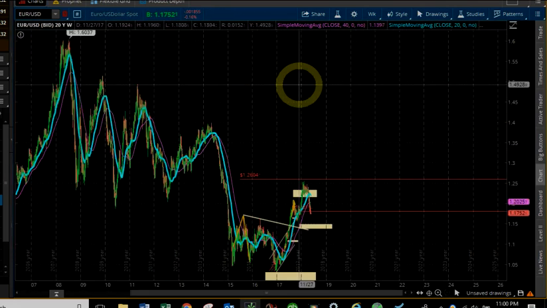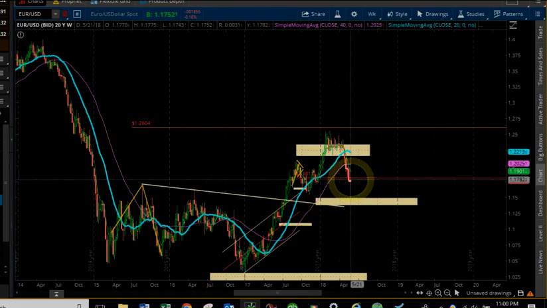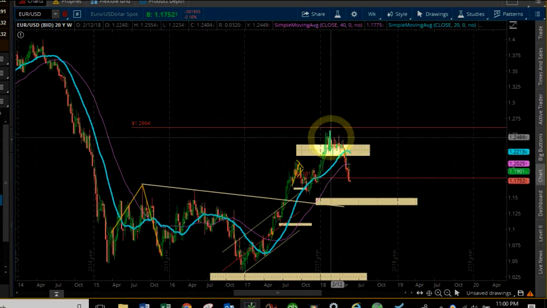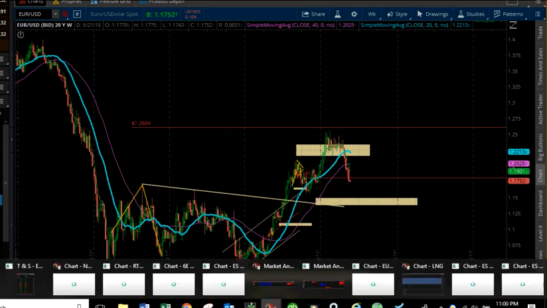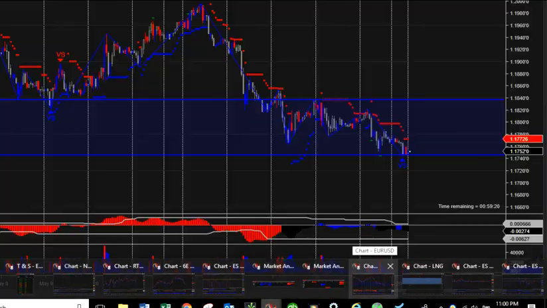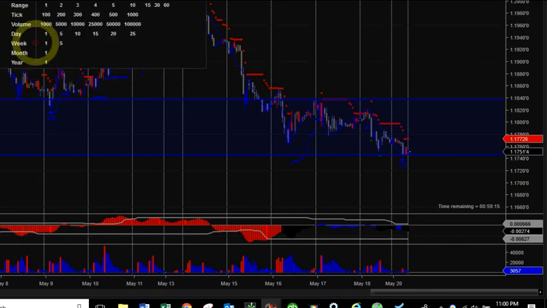The euro, you see we had this really hard pullback in the euro, and it looks like that wave 3 is about complete. Let's see, we can look at it on this, and it's a little bit easier to see. We'll go to daily.